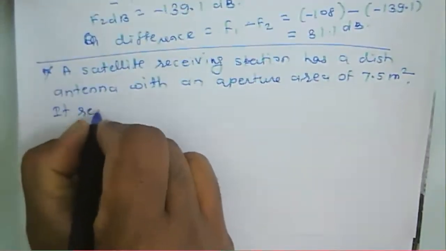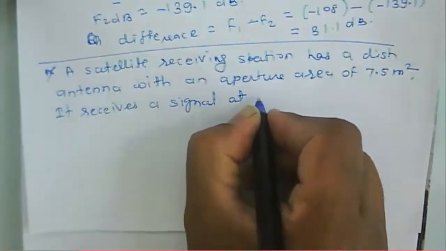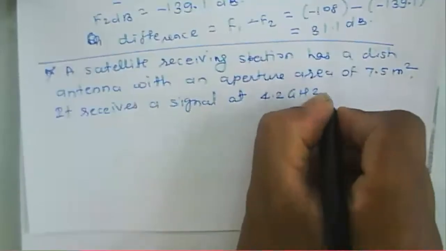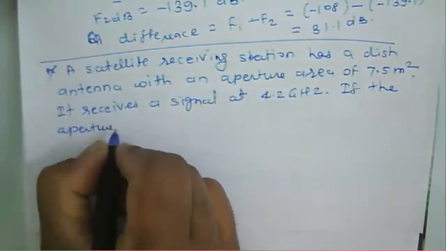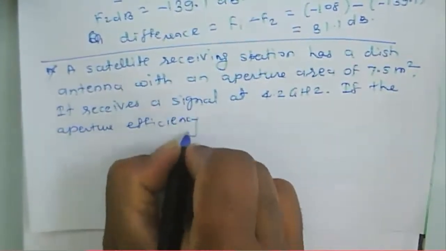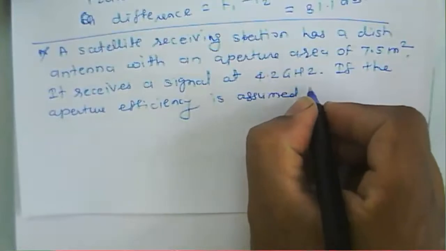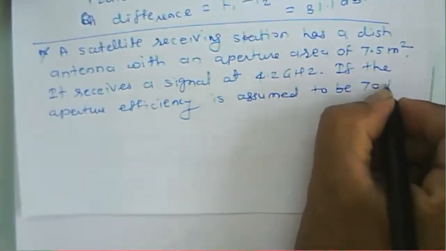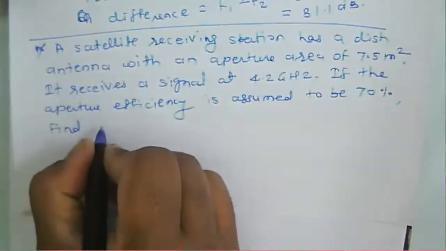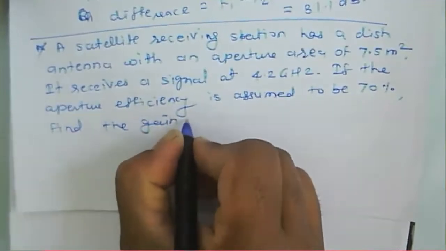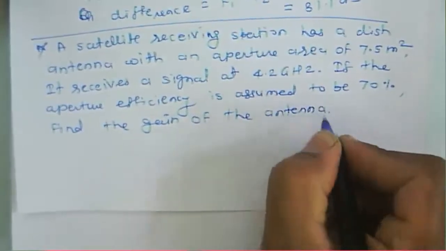It receives a signal at 4.2 gigahertz. If the aperture efficiency is assumed to be 70%, find the gain of the antenna.